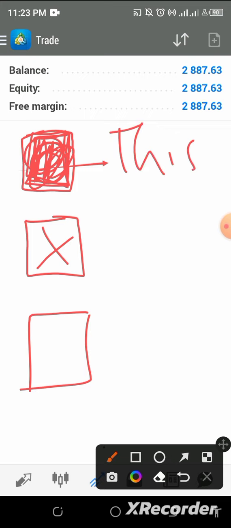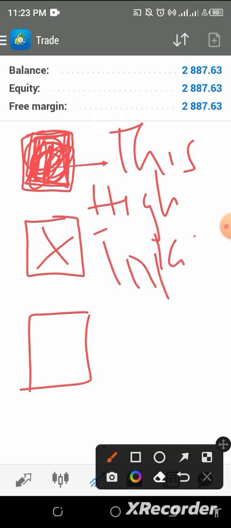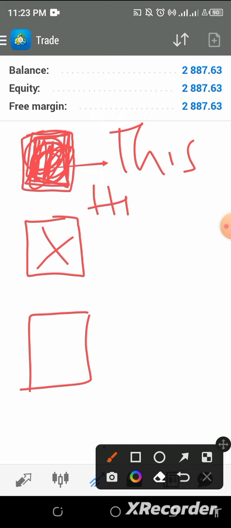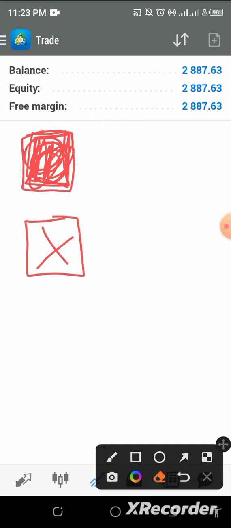And if it is this gold color, it is also a high impact, but not too high. And the yellow box doesn't have much effect on the news. I'm going to do a video concerning the NFP news, how it affected our Forex when released.